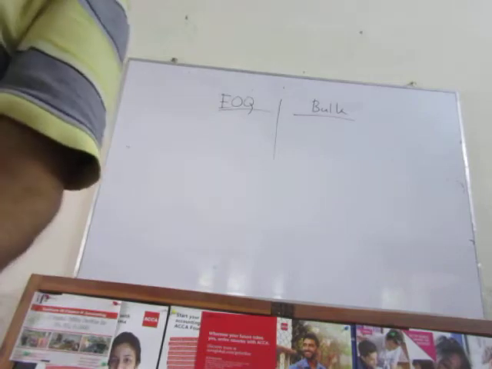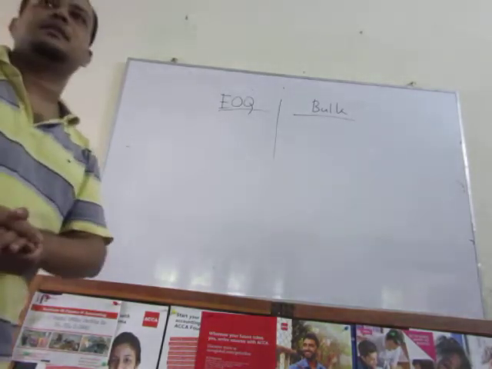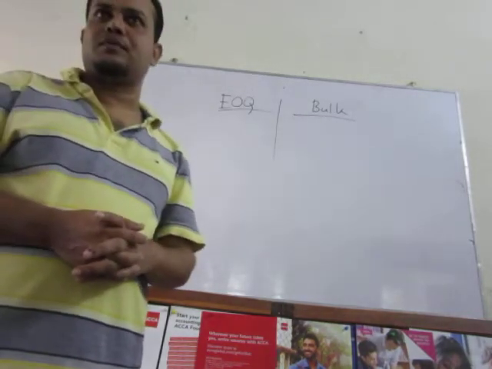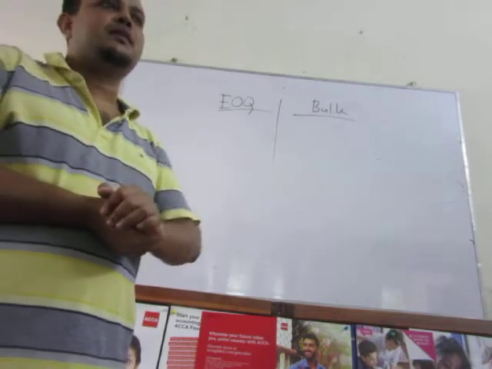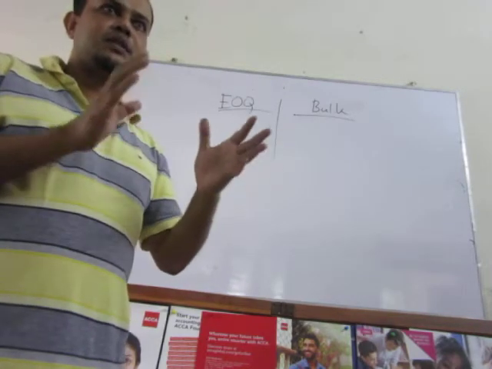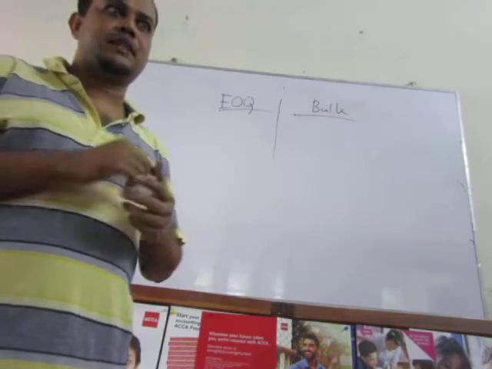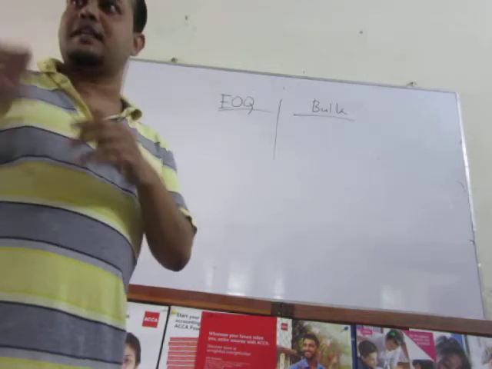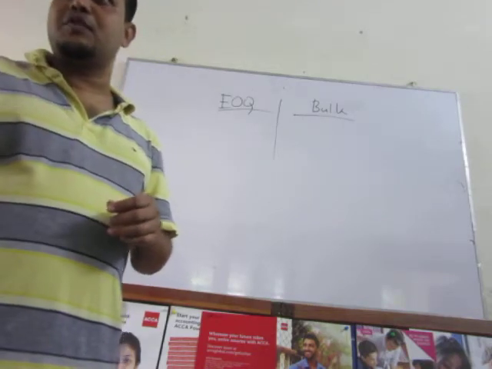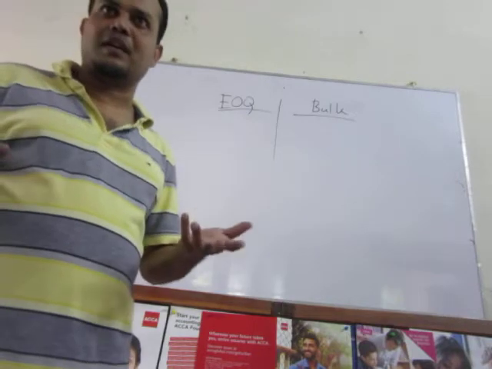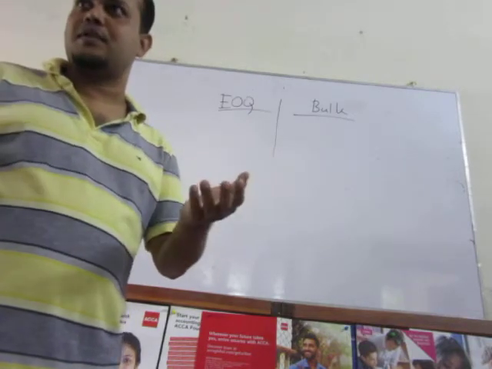The question of bulk actually arises when there is a provision of discount. As for example, suppose an individual t-shirt cost is 100 taka. But if you buy 2 t-shirts at the same time, rather than providing 200 taka, you have to provide 150 taka. It's a kind of discount provision option.